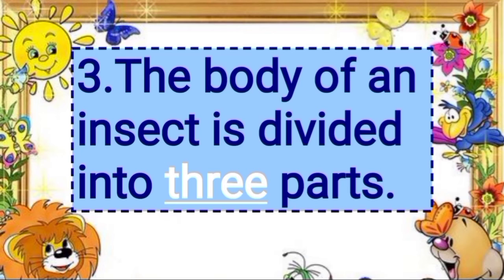So the answer is three, 3. So which are head, thorax and abdomen. So as you know, insects have 6 legs and their body is divided into 3 parts, which are head, thorax and abdomen. So the answer is 3.